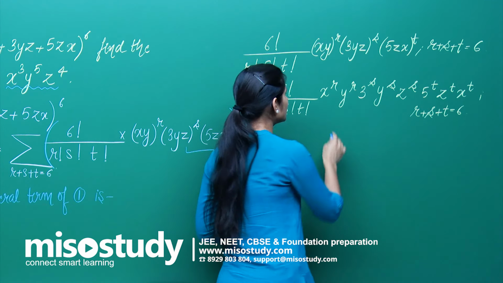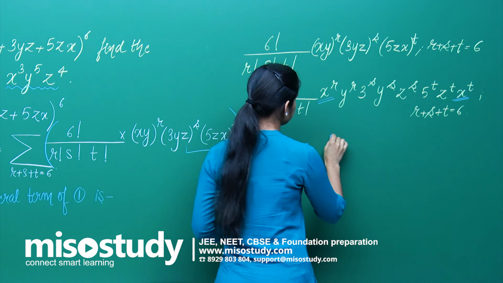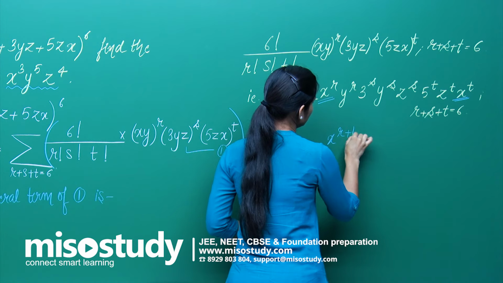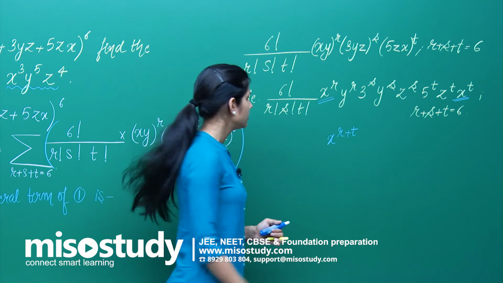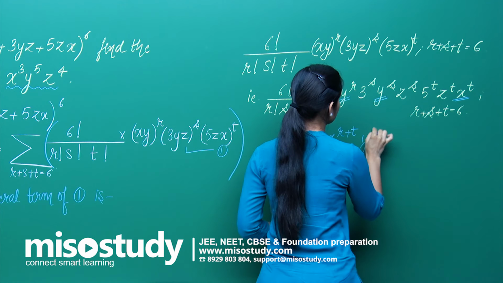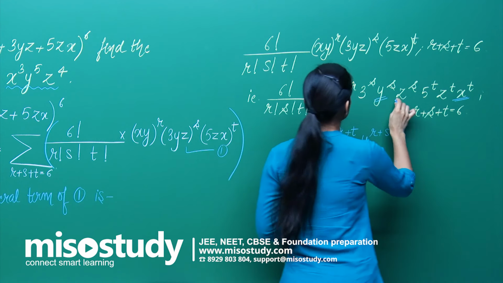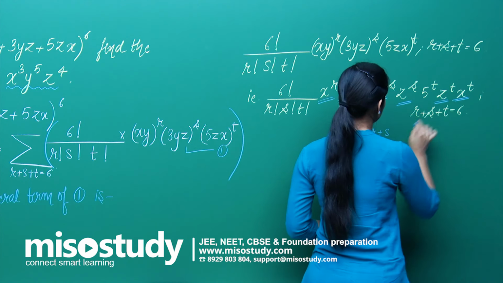Now you can club the terms. X to the power r, x to the power t gives you this. Y to the power r, y to the power s gives you this. Z to the power s, z to the power t.